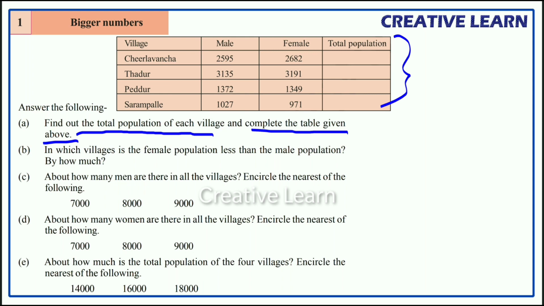Here male population is given, female population is given, the male population and female population of each village. Now we have to find out the total population of each village. In the previous video we have already done all of these. Now just have a look here.